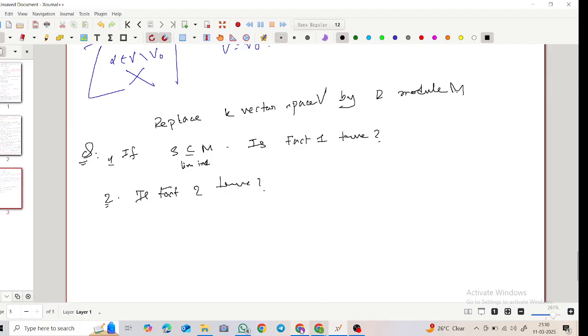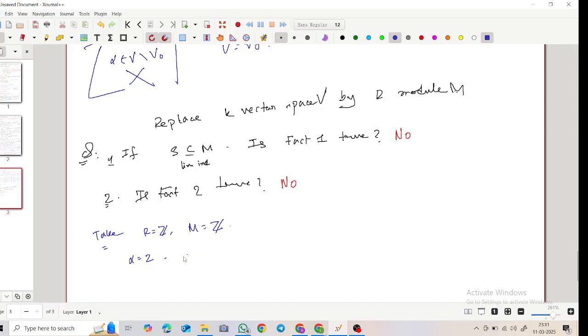Okay, so what do you think? No. Okay. So take R equals Z, M equals Z. And take alpha equals 2.